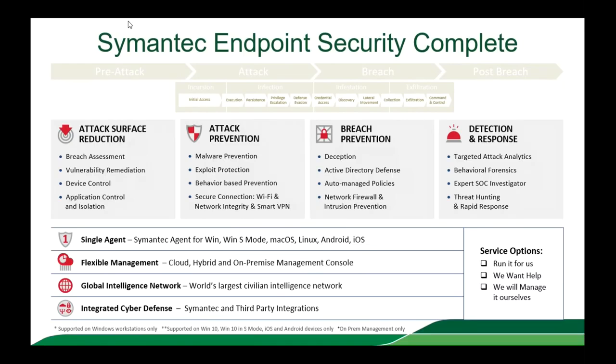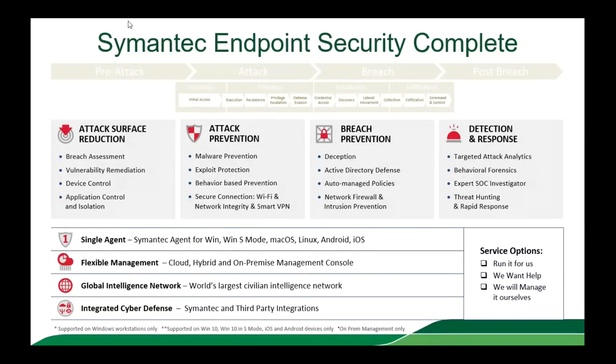Application control also, you are able to do application control and application isolation. Application control is whereby you can choose which applications run on your device. So you can whitelist, and only the whitelisted applications will be able to run on your devices. Application isolation is whereby we rate these applications in terms of risk.